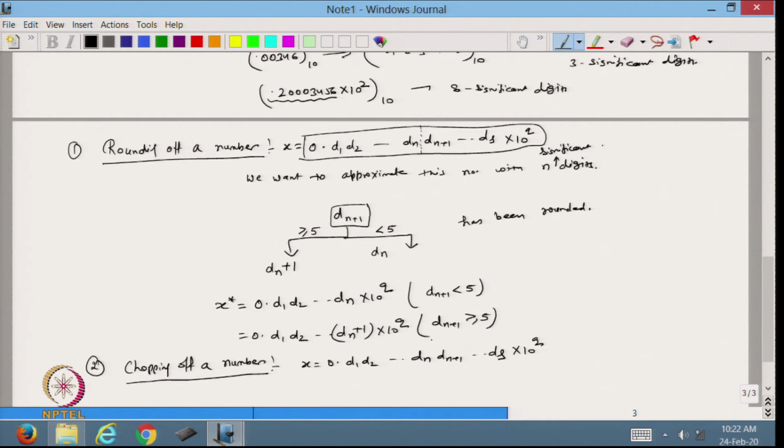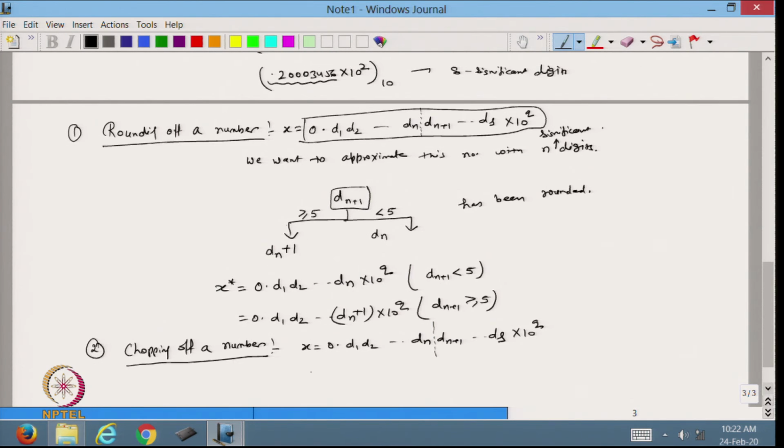I want to chop this number using only n digits, so I do not care about the value of dn+1. I just chop this number and approximate it by 0.d1 d2 up to dn into 10 raised to power q. That is my chopping of a number.